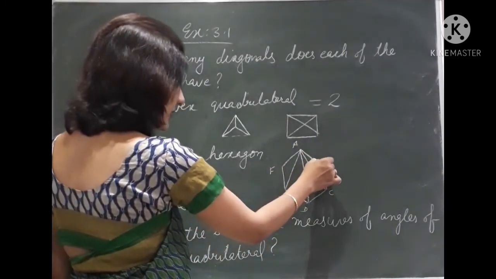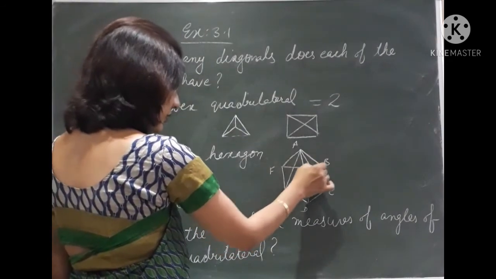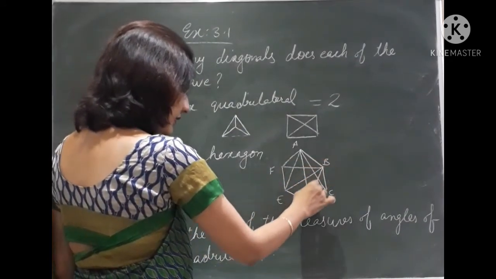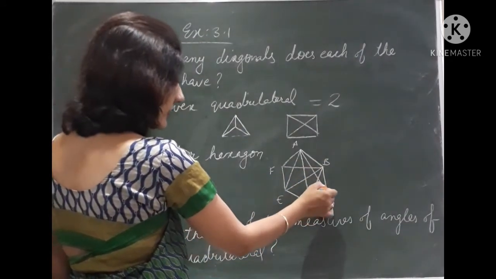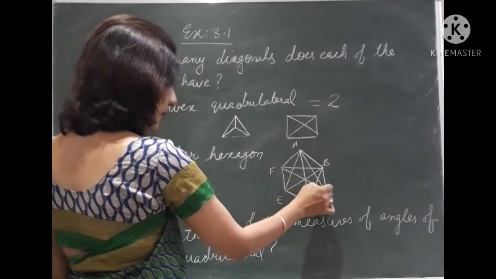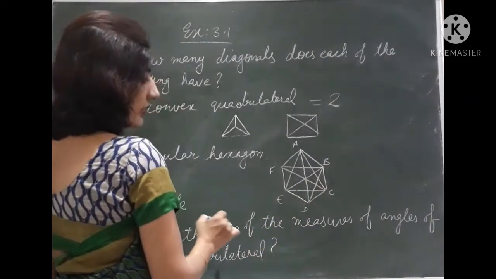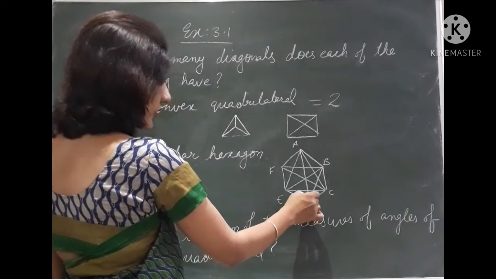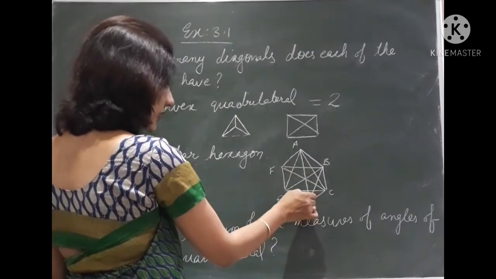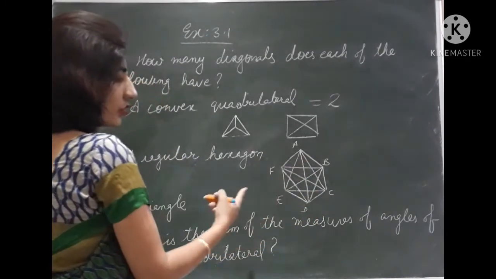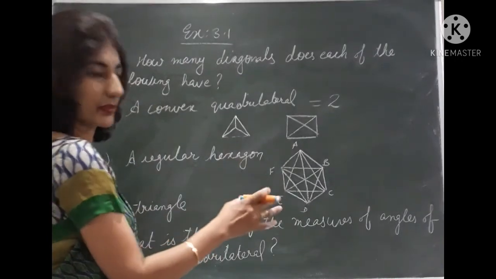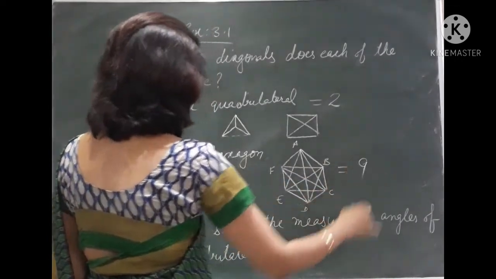Then from B I will start, 4, 5, 6. Then from C, 7, 8. Then from D I have already drawn, but not joined here. It is 9. Now you can see you have got a web type. So it has 9 diagonals.